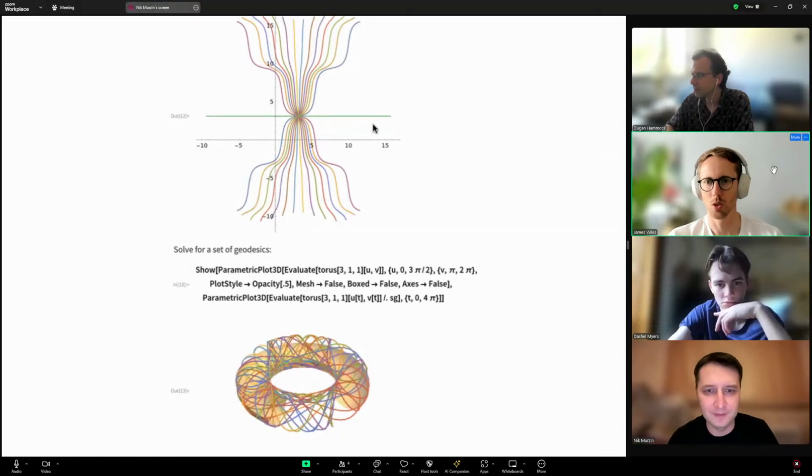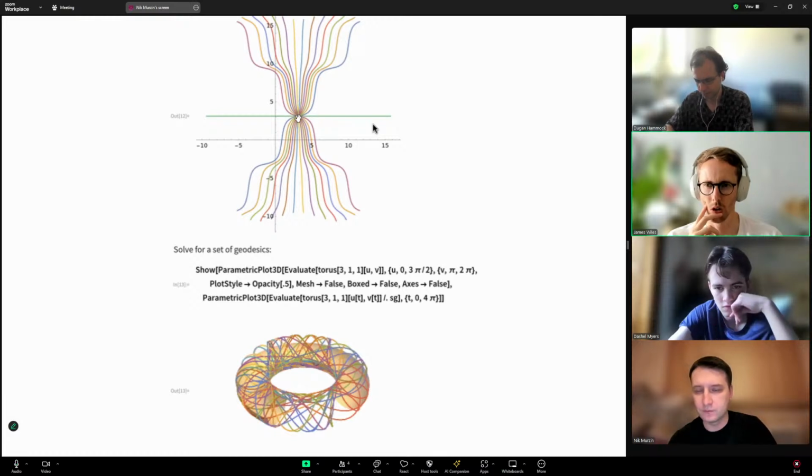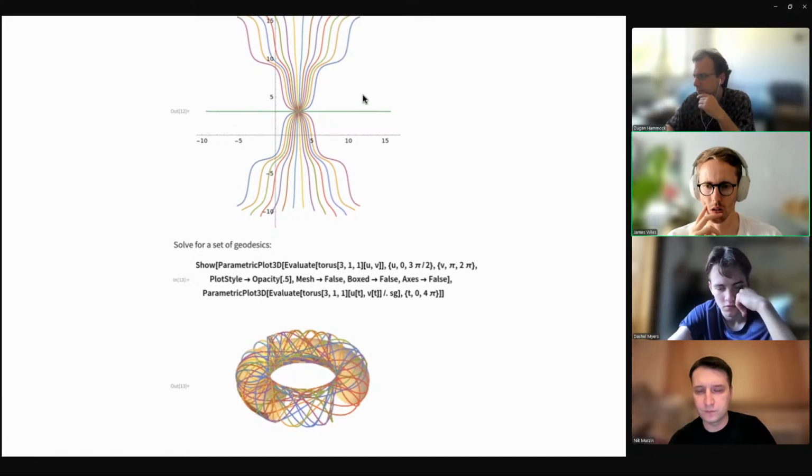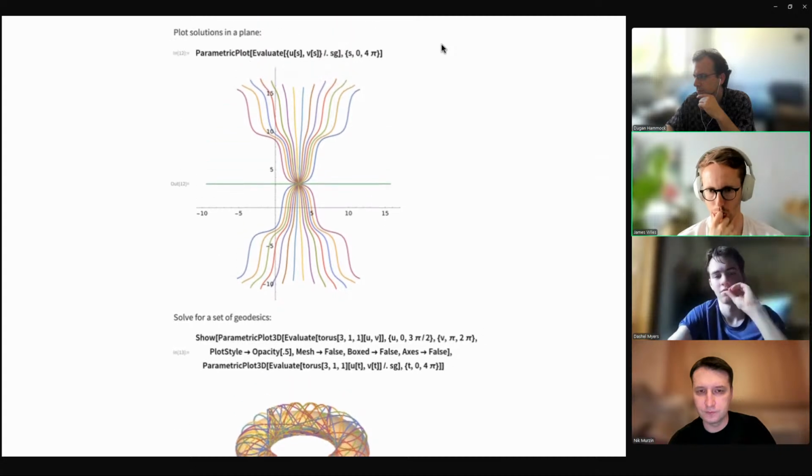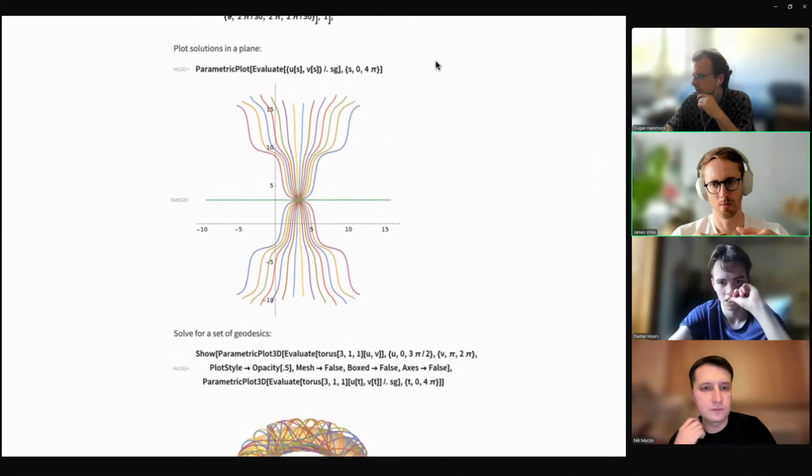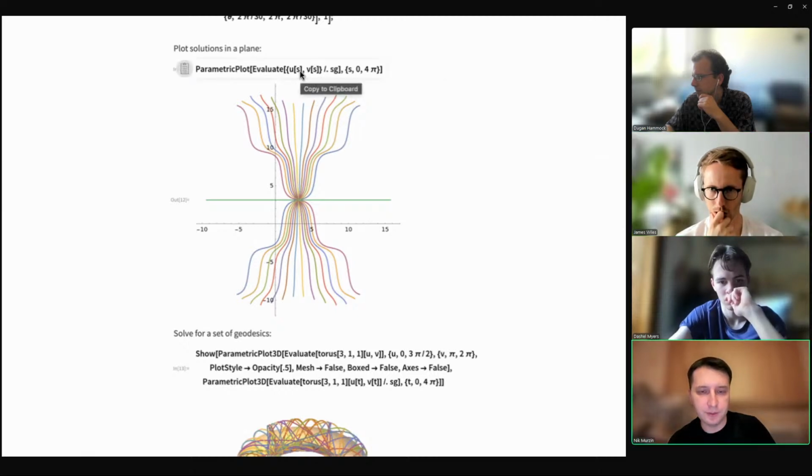But you see, it's off, right? They all cross through 4, 4, so they all have the same initial point, which means that constant circle must be... Yeah, it's interesting. Well, they start with the same parameter.